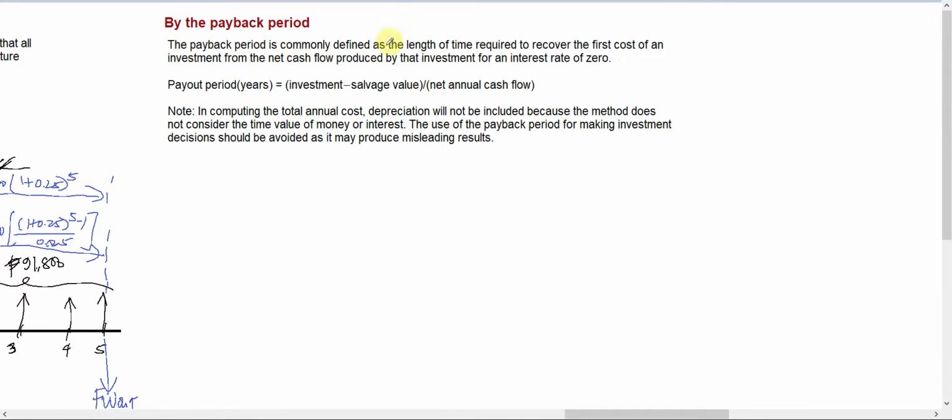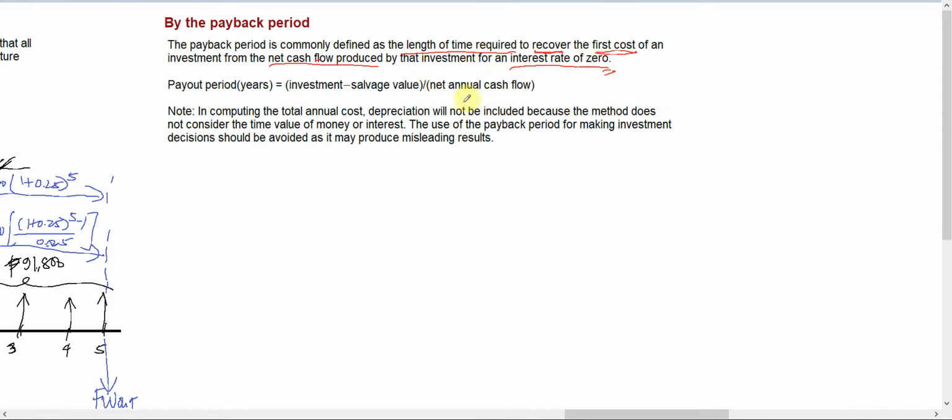Sabi kasi dito, the payback period is commonly defined as the length of time required to recover the first cost of an investment from the net cash flow produced by that investment at interest rate of 0. Ayan. Gaano katagal mo marirecover or babalik sa'yo yung capital na ininvest mo.